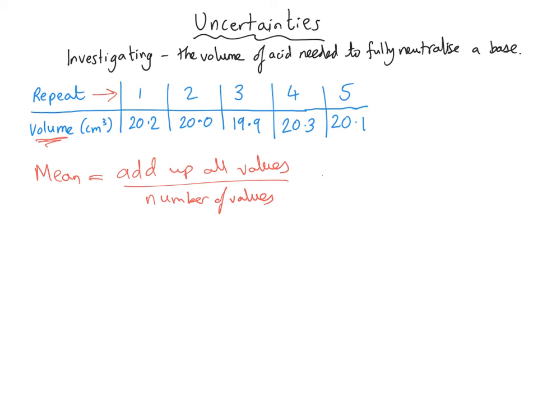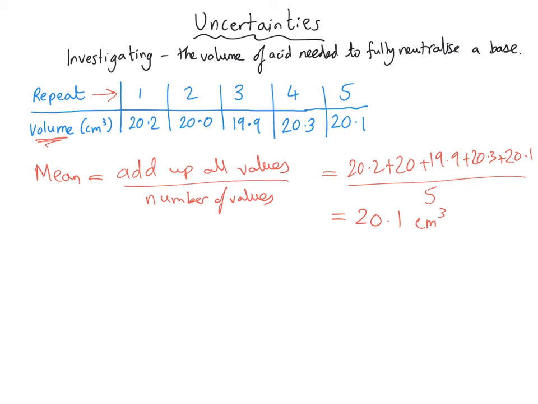And so what we would have here is 20.2 plus 20 plus 19.9 plus 20.3 plus 20.1, and then we divide all of those numbers by 5 and we'd get a mean value of 20.1 cubic centimetres. Must always remember the units.